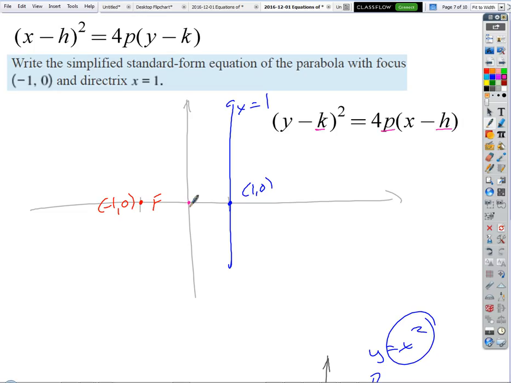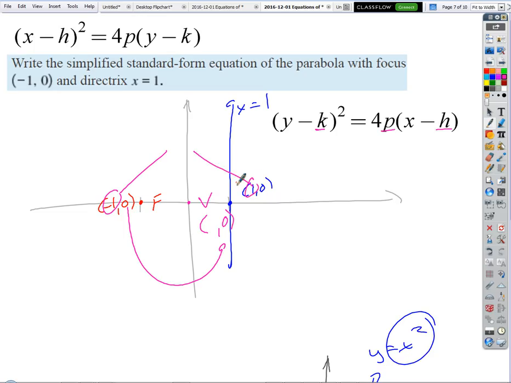Now, it's going to be horizontally aligned because this is a horizontal parabola. The vertex and the focus are going to be horizontally aligned, so they're going to share what coordinate then? The y coordinate is, isn't it? So for the vertex, we know right away that the y coordinate is 0, and the x coordinate is just what we get when we go halfway in between -1 and 1.